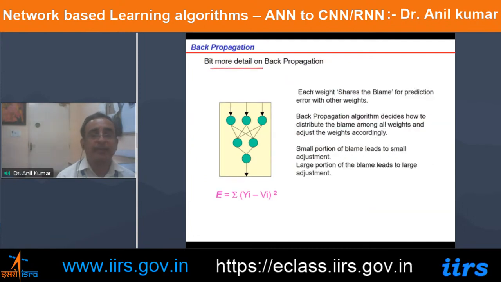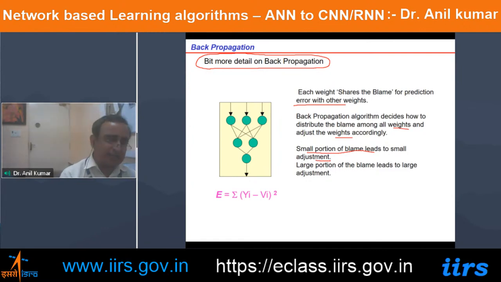A bit more detail on back propagation before we see the mathematical expression of how it works. Each weight shares the blame for the prediction error with other weights. So the back propagation algorithm decides how to distribute the blame among all weights and adjust the weights accordingly. A small portion of blame leads to a small adjustment.